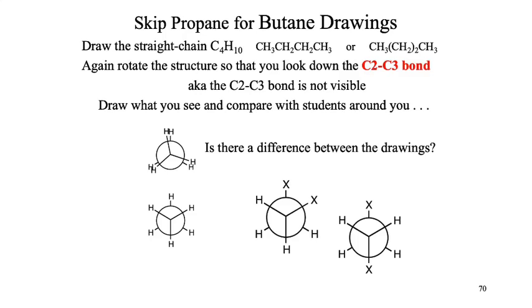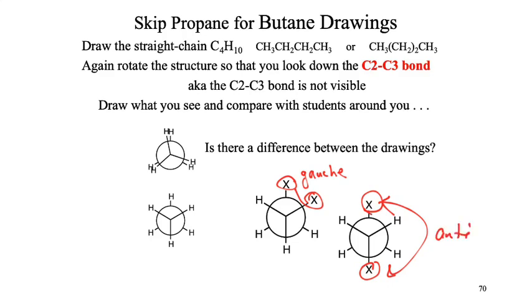In that case, I get this interaction where those two X groups are really close to each other. The two people peeing next to each other at the urinal. That's gauche. If they're peeing as far away from each other as possible, that's anti.